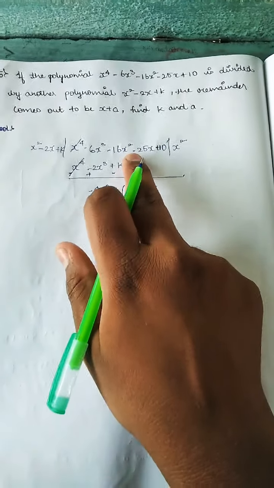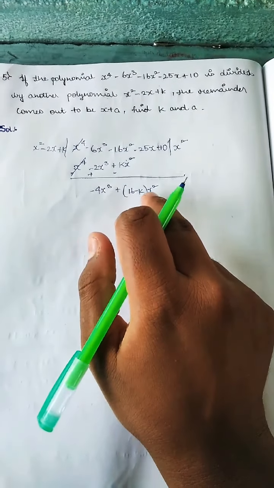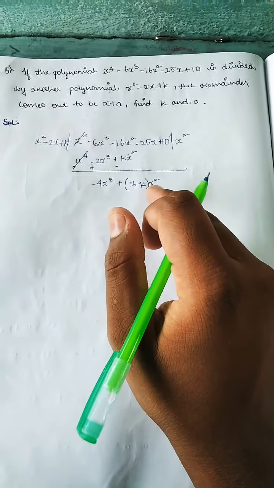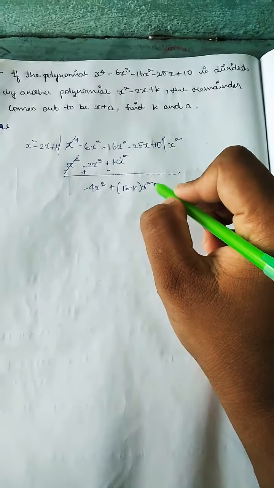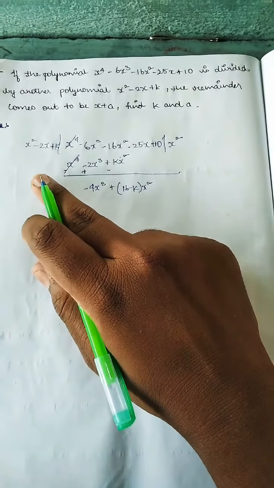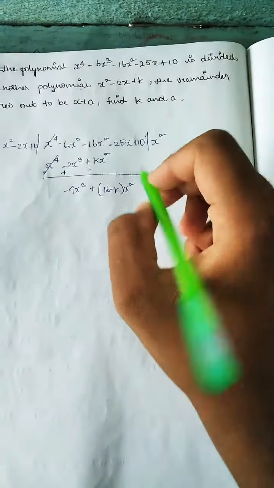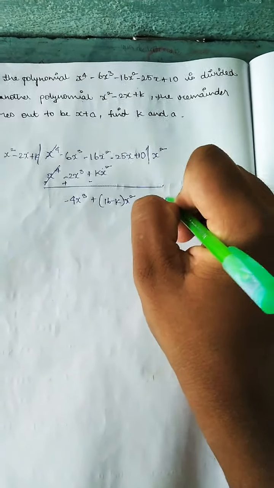We cannot simplify further because there is no other k term, so we write 16 minus k, common x square, that is 16 minus k whole x square. Then we write the remaining terms as they are, that is minus 25x plus 10.